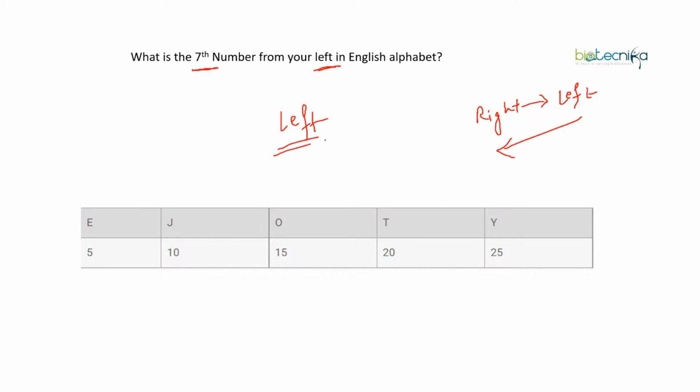Check karo left mein kya hai pehle. अब मुझे पता है कि E is the fifth number, right? So the seventh number would be E, F, and then G. So my answer would be G. G will be the answer of this particular question.